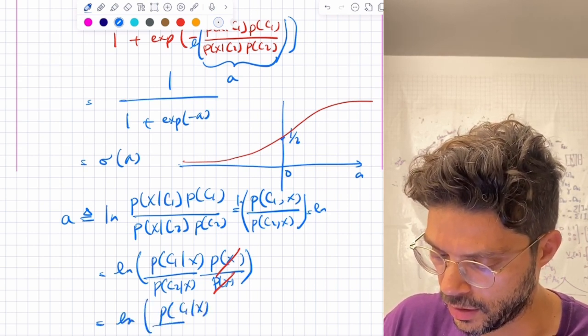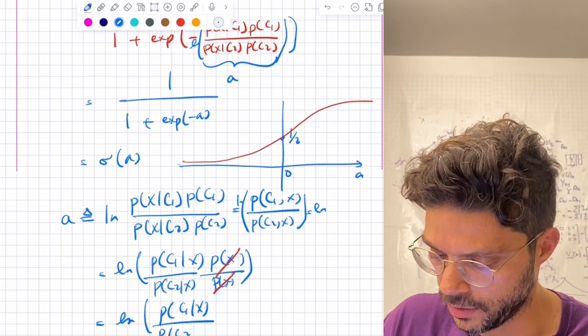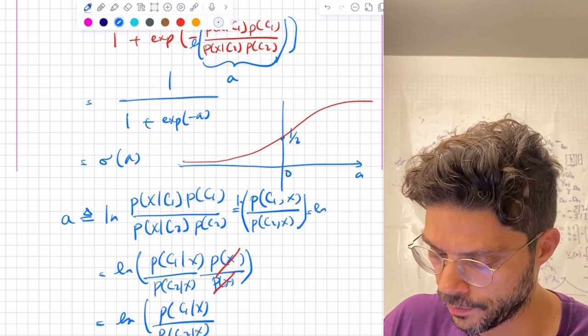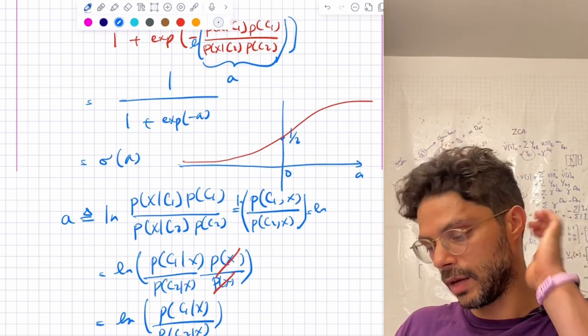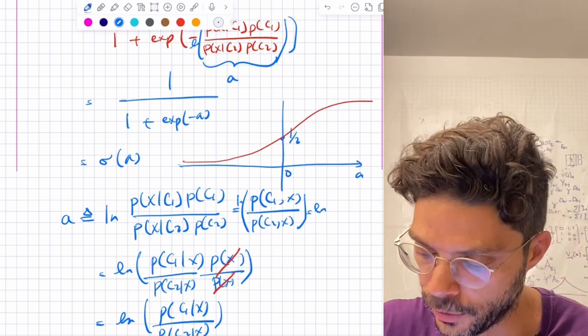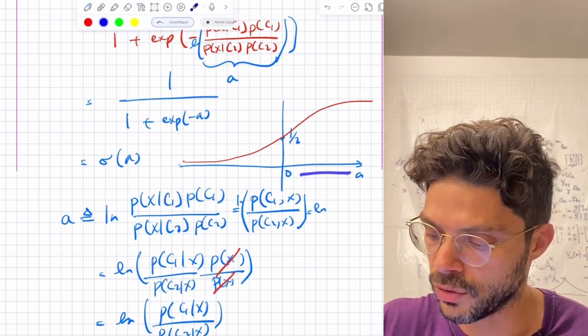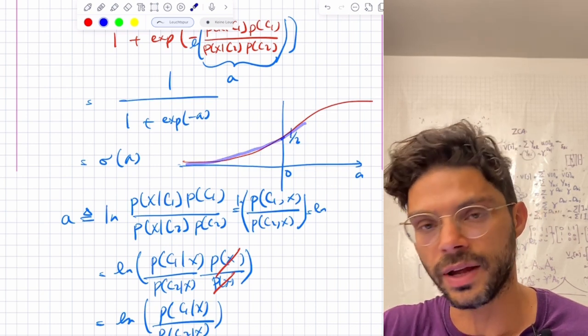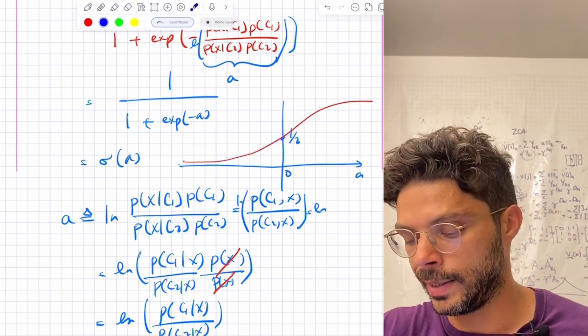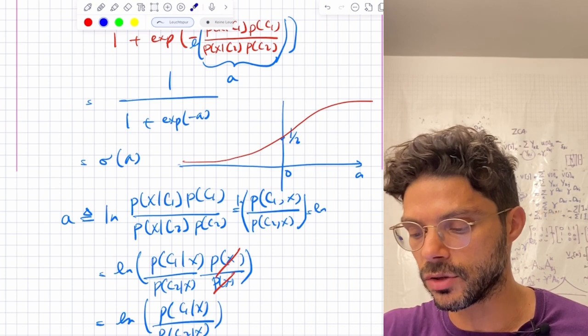So the odds of the posterior probability, the ratio of the posterior probabilities of the two classes given data. All we're saying is as that ratio increases, the probability of one class goes up, as you would expect, and goes down the other way. That's already pretty cool.